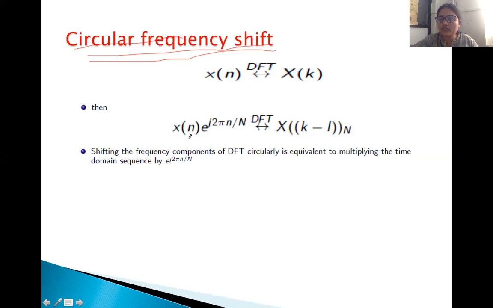Because of multiplication of the sequence in the time domain, it will shift the DFT values by L units in the frequency domain.